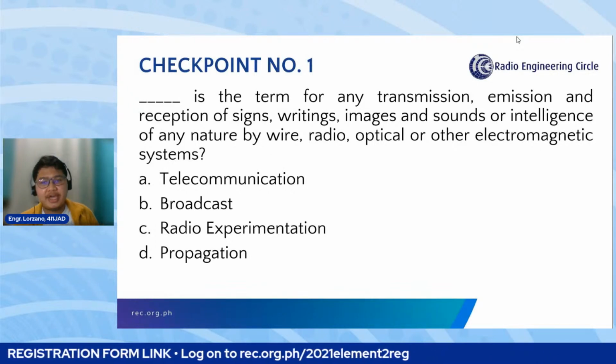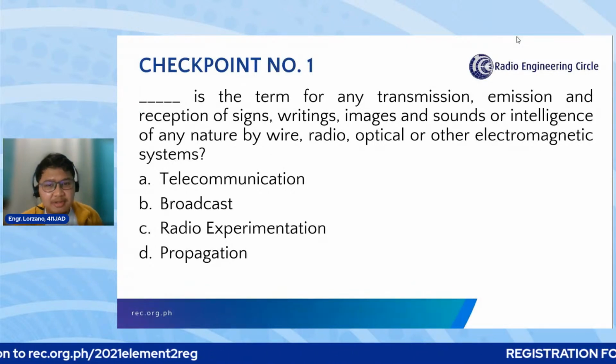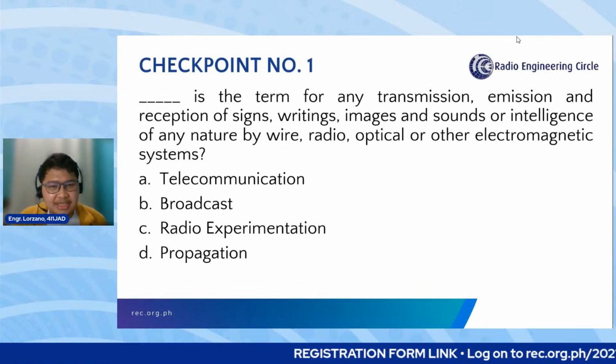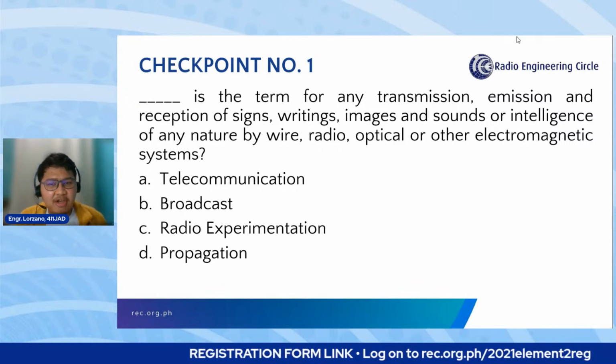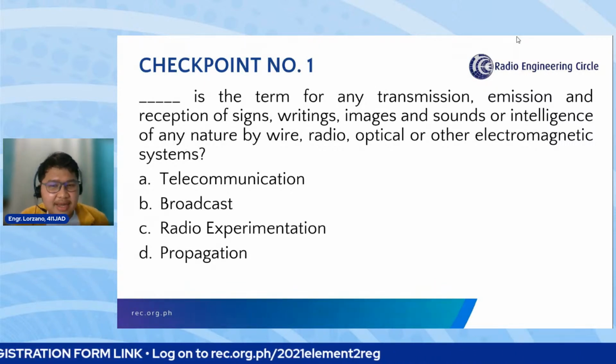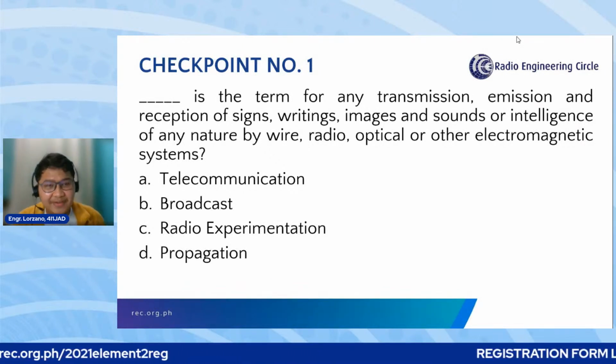So, ayan. Let's have a checkpoint. What is the term for any transmission, emission, and reception of signs, writings, images, and sounds, or intelligence of any nature by wire, radio, optical, or other electromagnetic systems? Pwede kayo mag-comment sa ating Facebook Live or YouTube.